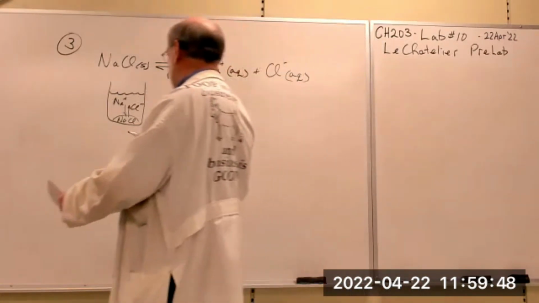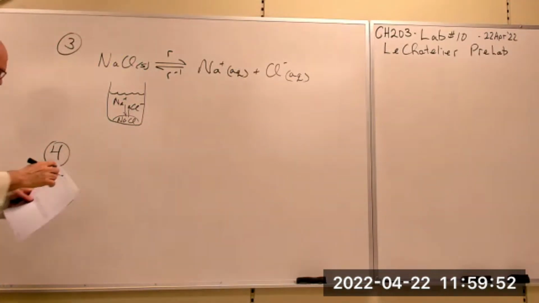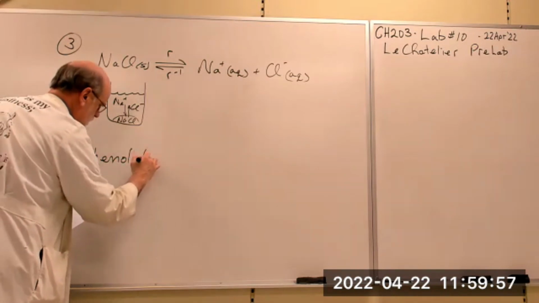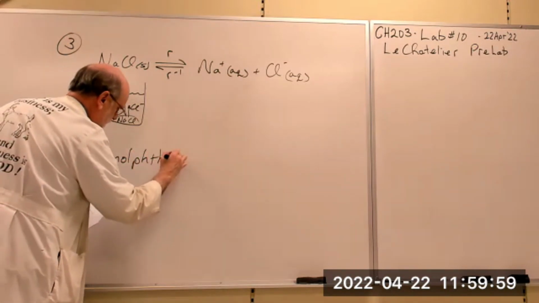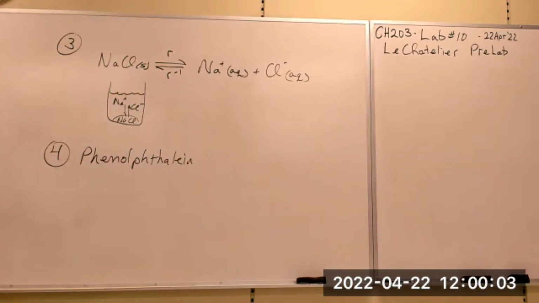That was 3. How about 4? Might not be able to do 4. We're talking about phenolphthalein, which is used in this experiment. Right? It's an acid-base indicator.